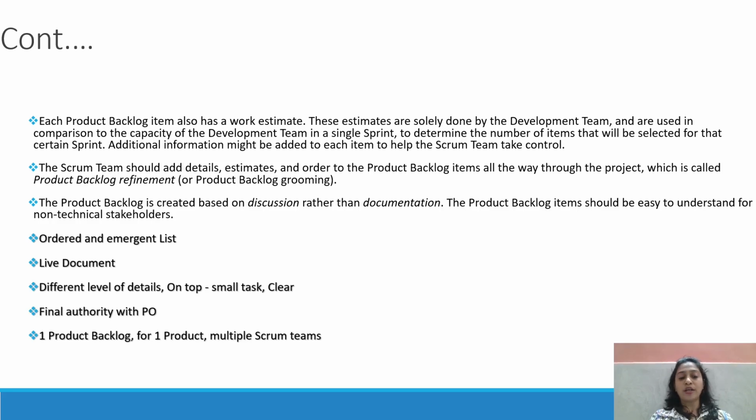There is one product backlog for one product, with multiple Scrum teams. In each team we can go ahead with a maximum of 10 members, including the Scrum Master and PO. Multiple teams will work from that one product backlog.